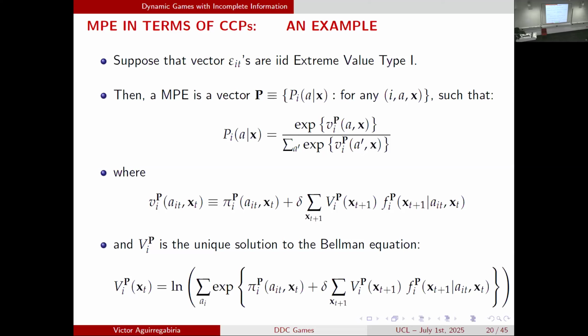This is the conditional choice value function, and the value function here of a player just has this McFadden social surplus expression that is the log of the sum of the exponential of this conditional choice value function over all the possible choices. Then we can think of a relatively simple algorithm to calculate an equilibrium. Of course, there is a curse of dimensionality as usual in the computation.